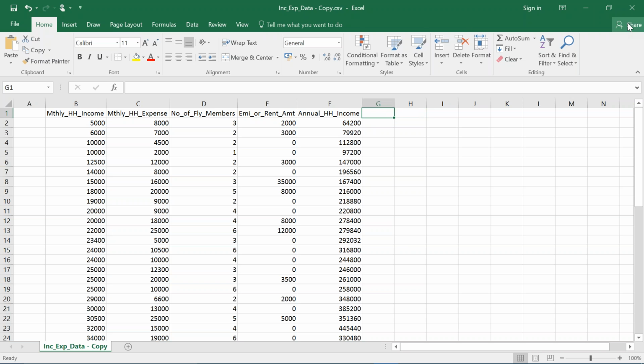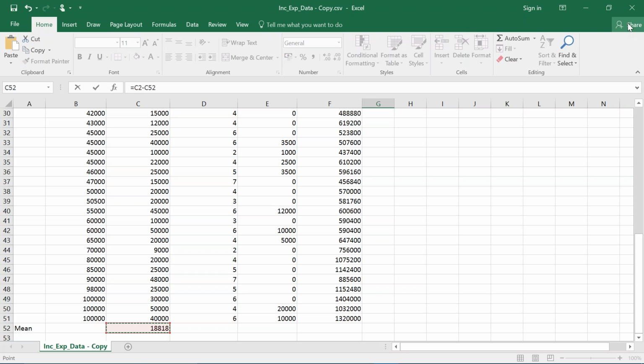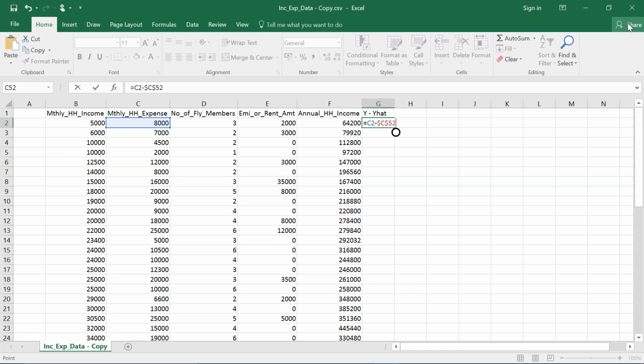So first I have to get the y minus y hat. Okay, so y minus y hat is what? This minus the average. Yeah, what is average? Average is here. So I'll just make it F4. Okay, I'll make it a constant.